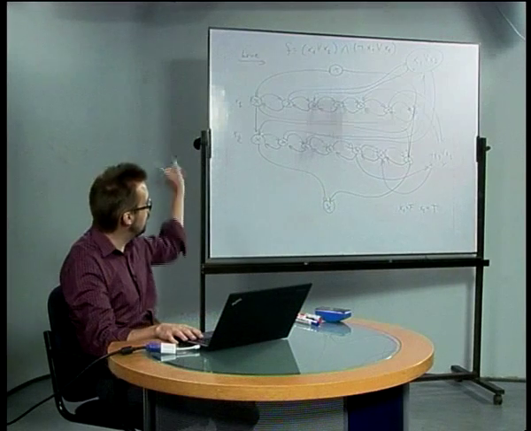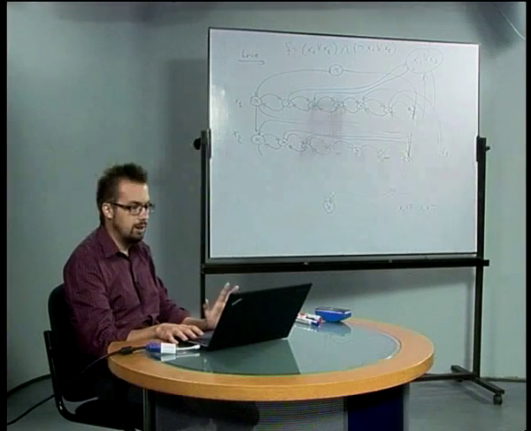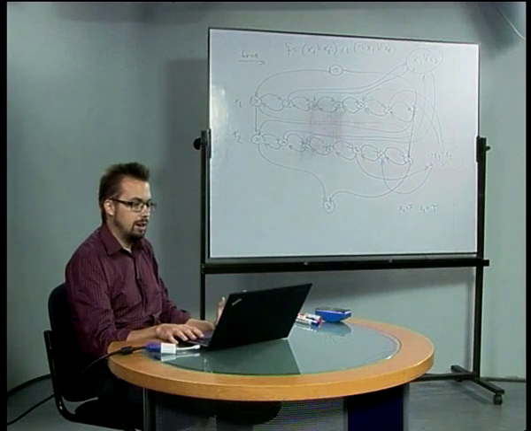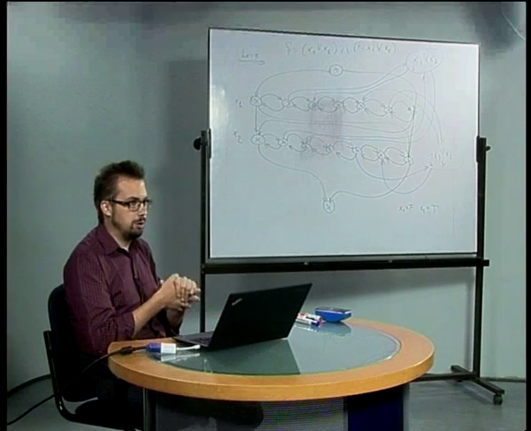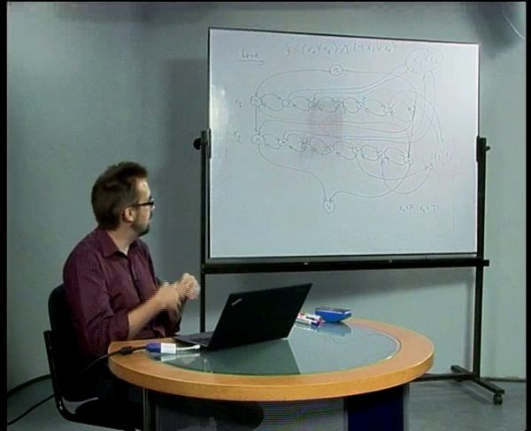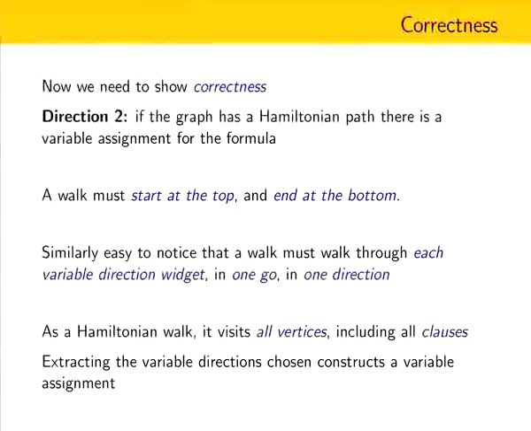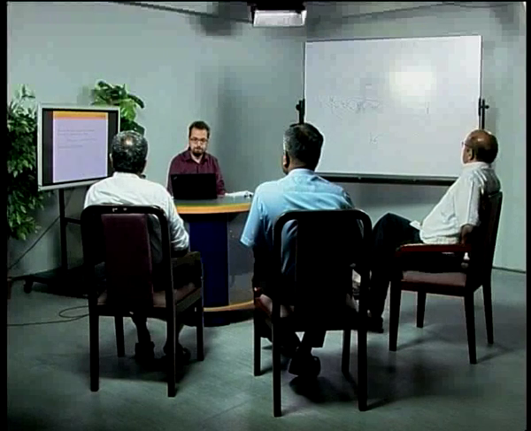You will have to walk through the variable widgets all the way in one go. And since a Hamiltonian walk visits all vertices, it means it must visit all clauses, and it will visit clauses only when it has found a variable that satisfies the clause. And if all clauses are satisfied, then it's a satisfying truth assignment. So there is nothing much strange going on.